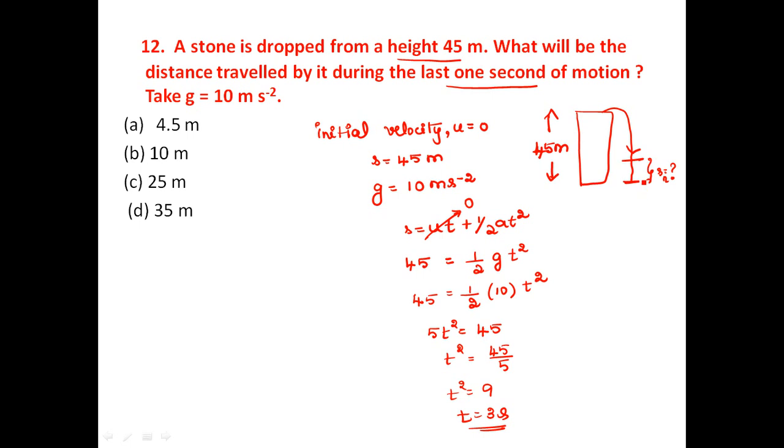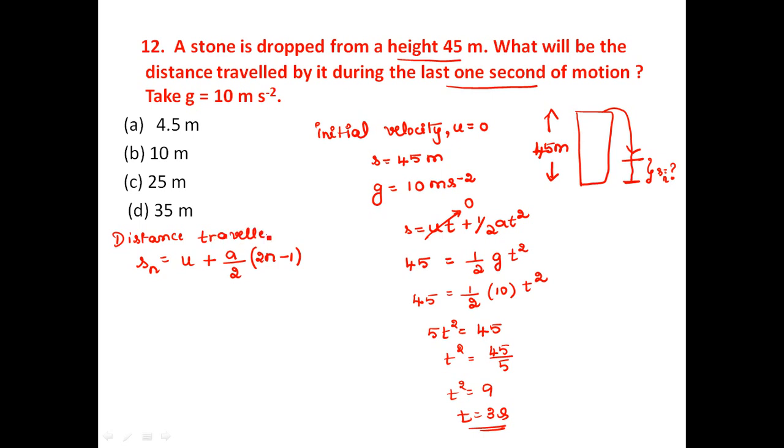The question is about what is the distance traveled in the last 1 second, which is the last second of the journey. It is 3 seconds. That is why we have to consider a formula. Sn is equal to u plus a by 2 into (2n minus 1). That is the equation for distance traveled in nth second.